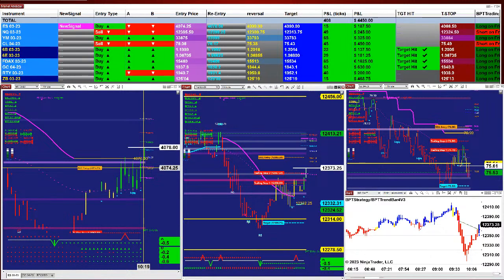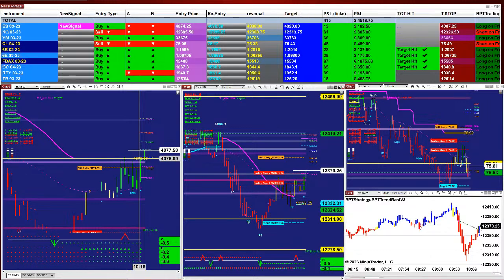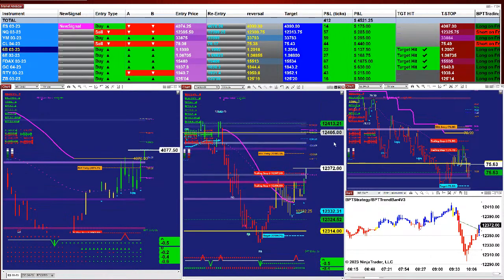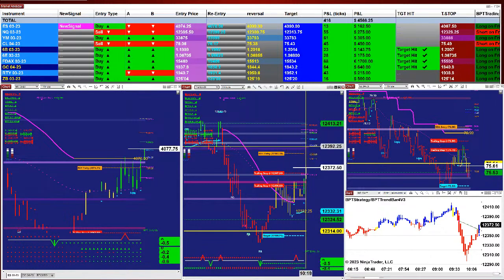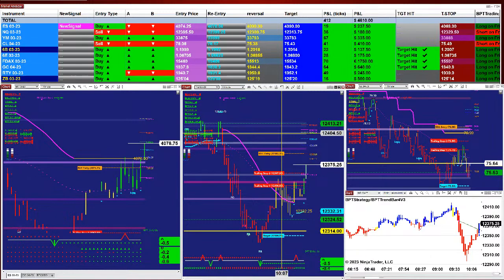You can see how the NASDAQ reacted to the ES when it broke that wall at 4076, and now it is trying to get up with the ES. But the problem is today it's not good to trade the NASDAQ because there is a lot of resistance in there. It's not tradable until now.